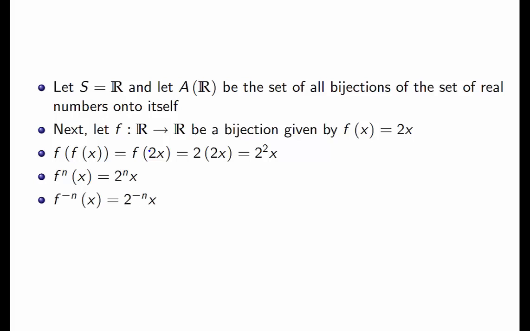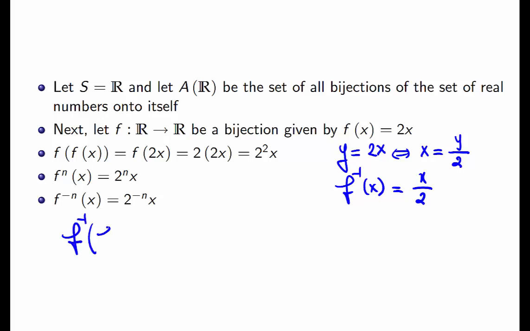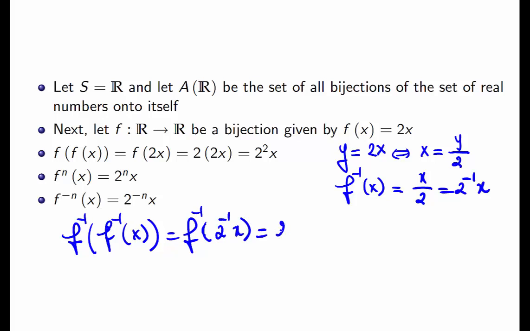Okay, now to compute the inverse of this function, you do what you did in pre-calculus. You set y equal to 2x, and then you solve this for x, so that gives you that x is equal to y over 2. So this tells you that the inverse of this function is x over 2. If you try to compute f inverse of x, we write this as 2^(-1) x, then f^(-2) of x will be f inverse of f inverse of x, which is 2^(-2) x.